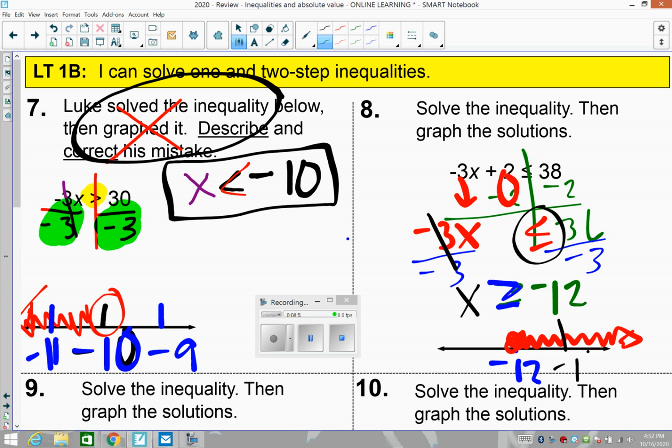Well, negative 11 is greater than because it's getting closer to 0, so it's less negative. All right, so that was question 8. Make sure that you have a closed circle there. Shading to the right.